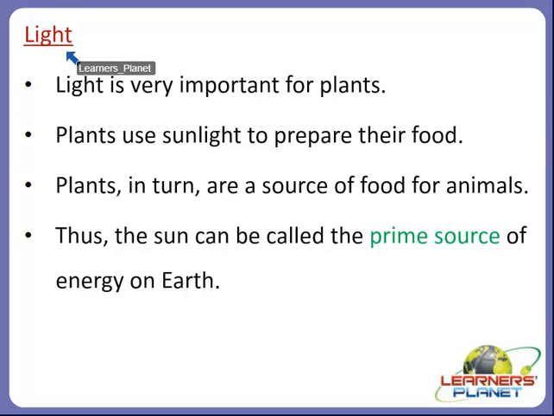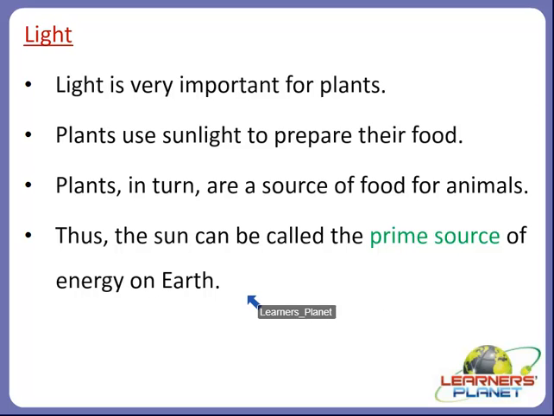Yes, light. Students, we are very familiar with this term, light. Light is very important for plants. Green plants specifically use sunlight to prepare their food, and plants in turn are a source of food for animals. Thus, we can say that the sun is the prime source of energy on earth.